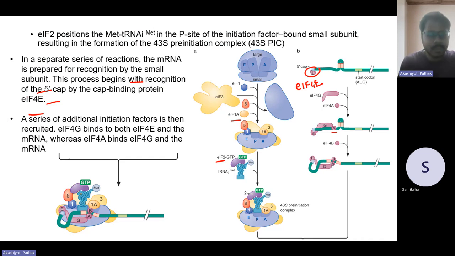Actually, this figure I could not adjust on the entire slide, so I have cut this figure and added it here. So actually, what is happening is, this is your 43S pre-initiation complex, and this is the mRNA to which these initiation factors eIF4B and eIF4G are binding, and then this 43S pre-initiation complex and the mRNA together, when they come, this structure is called the 48S initiation complex.